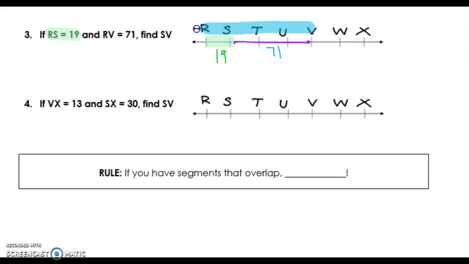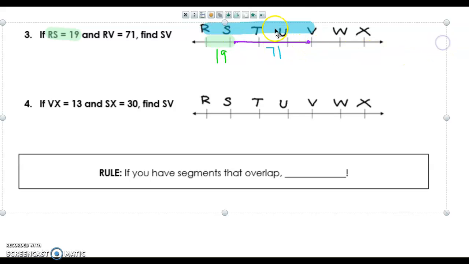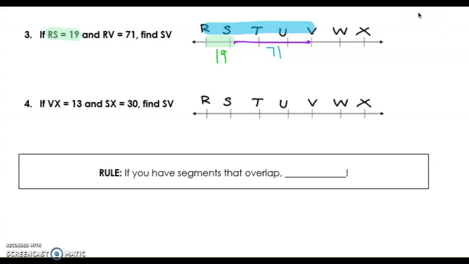So I would be taking away this much of 71 in order to get the same distance of my purple. So hopefully you can see that visual. If you cannot, hopefully maybe you just see that it would be subtraction because I am taking away, again, this portion. So I would be taking 71 and subtracting this time my 19.